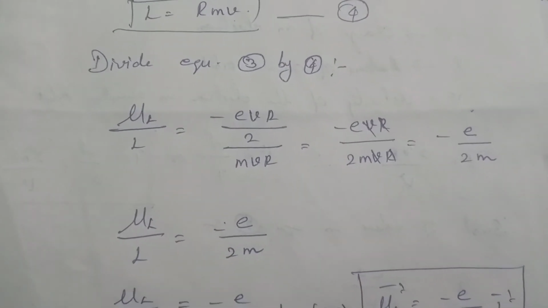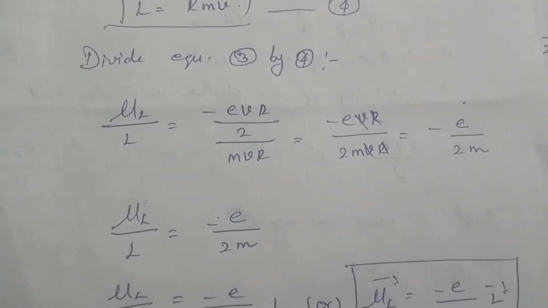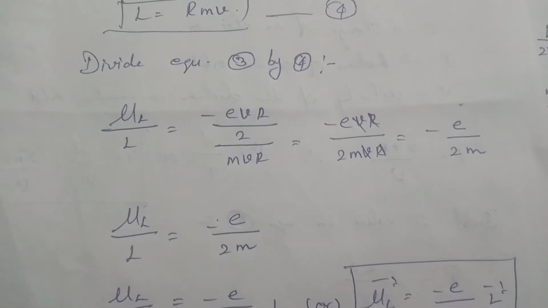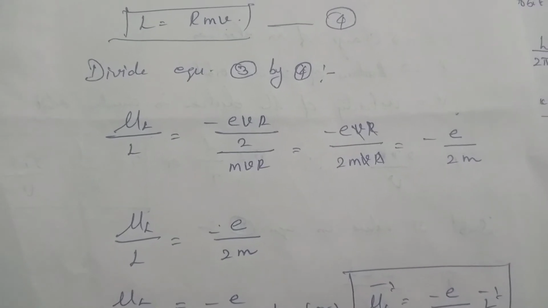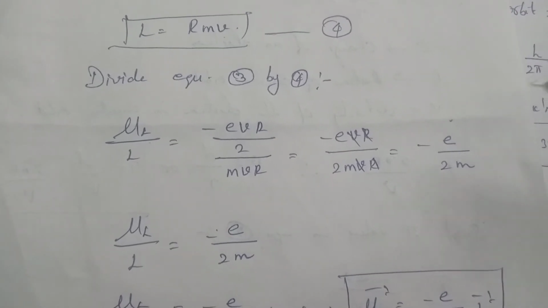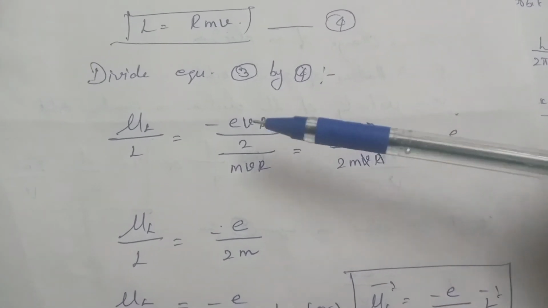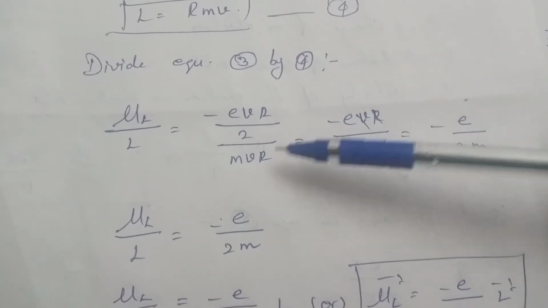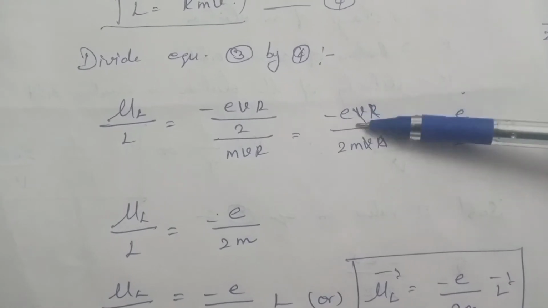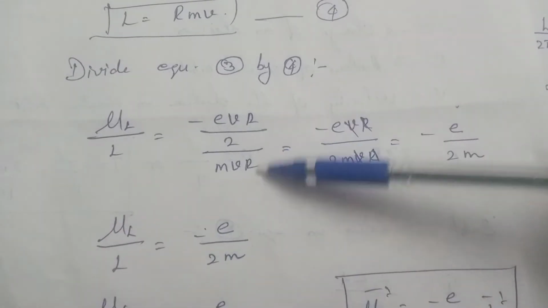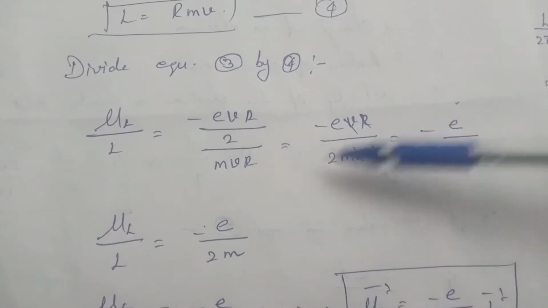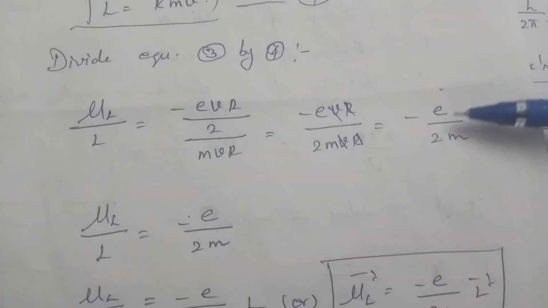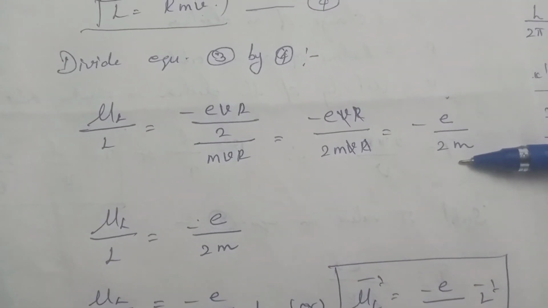Divide equation number 3 by 4. Equation number 3 is the mu L value, and equation number 4 is the angular momentum value. Substitute the values: minus EVr divided by 2, divided by mvr, and rearrange it. So minus EVr divided by 2 into mvr. So vr cancels, finally minus E by 2m.